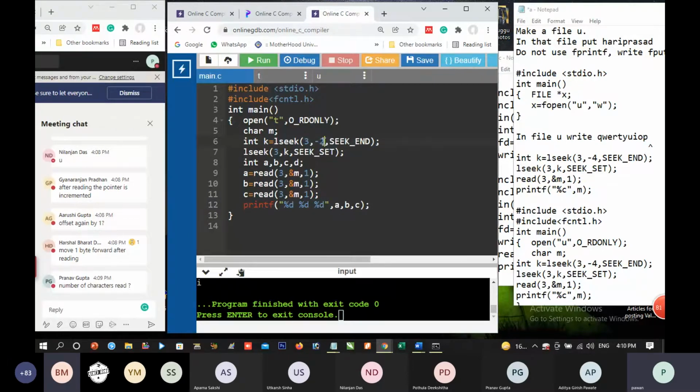Observe the output of this program. Good. From where have you read all these things, Pranav? Correct. Now execute the program and see the output.